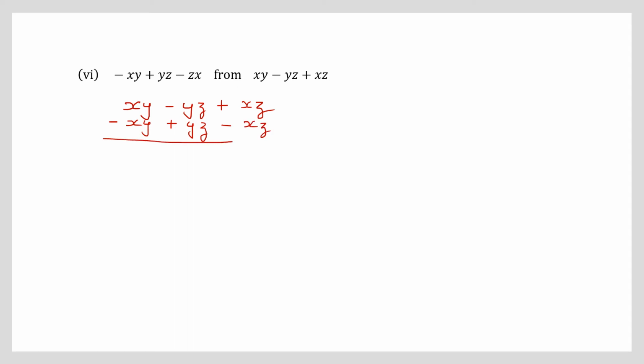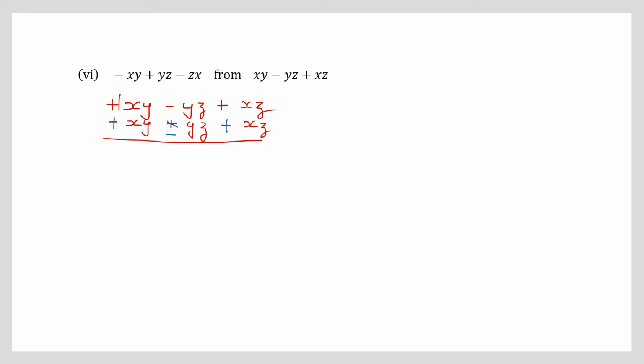Okay. Now here, let me put the plus sign. Let's change the signs of the second row. Plus becomes minus, minus becomes plus, then plus becomes minus. Here minus becomes plus. Let's work it out now.